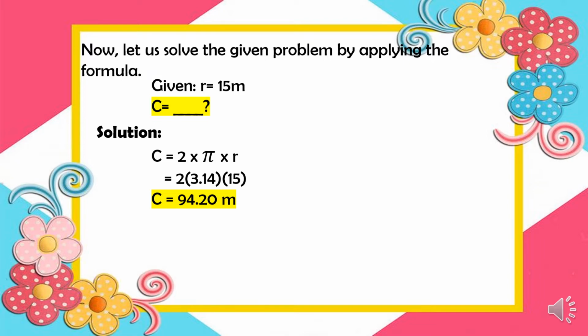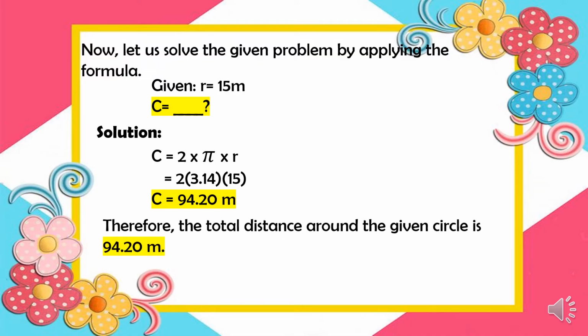Let us now substitute: 2 times 3.14, which is the value of pi, times 15. The answer is 94.20 meters. Therefore, the total distance around the given circle is 94.20 meters.